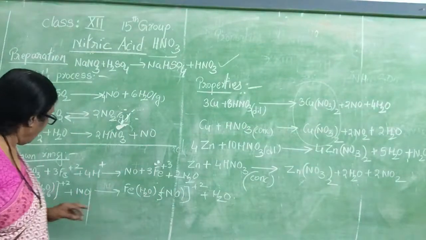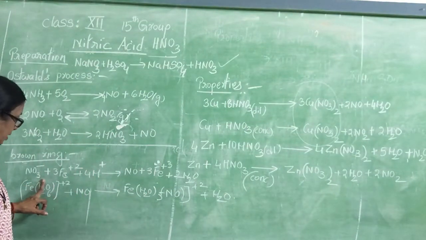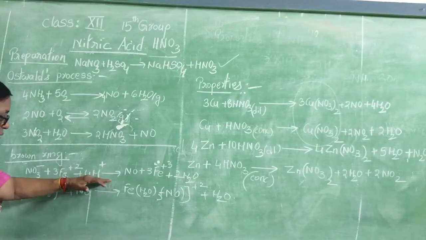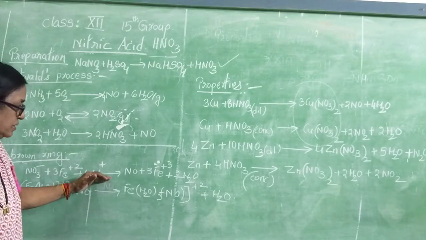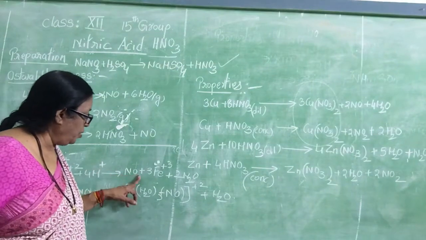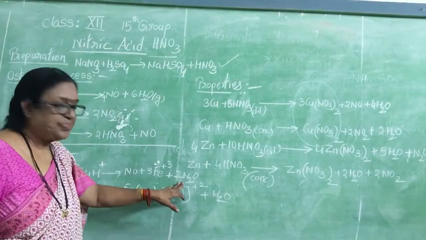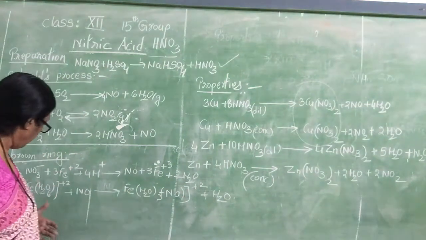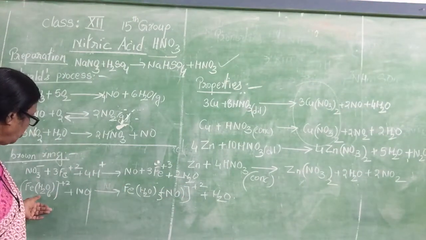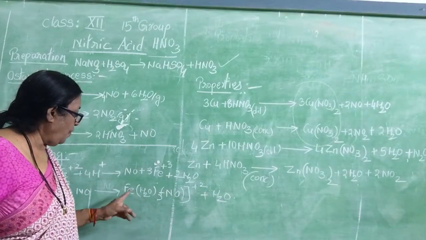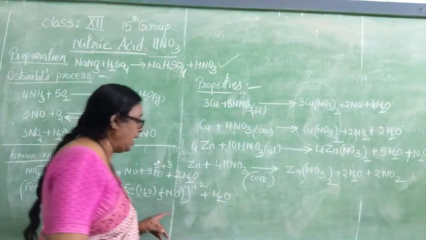Now the reaction: NO3 negative plus 3 Fe2+ and 4 hydrogen ions gives NO plus 3 Fe3+ plus 2 H2O. Then [Fe(H2O)6]2+, the complex compound, reacts with NO to form [Fe(H2O)5NO]2+.